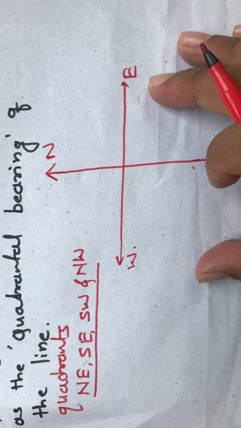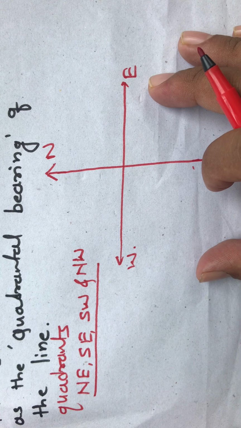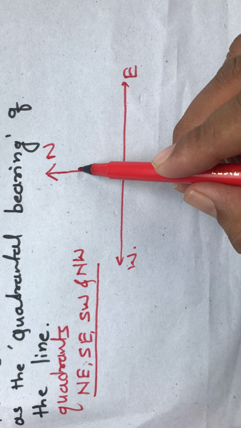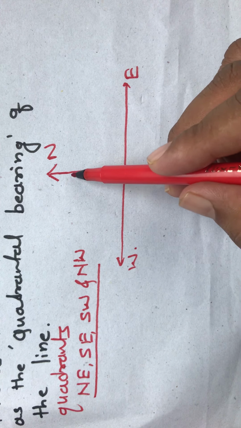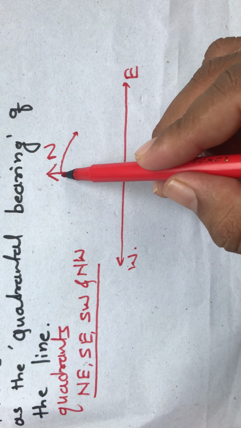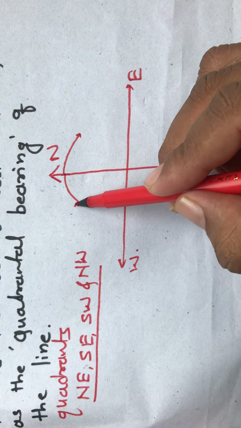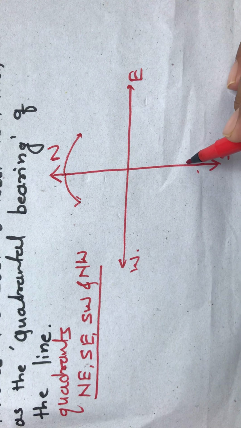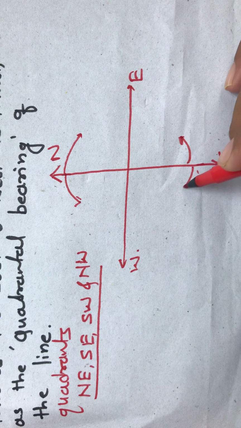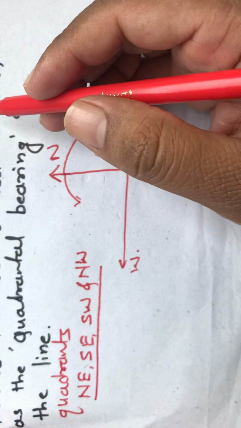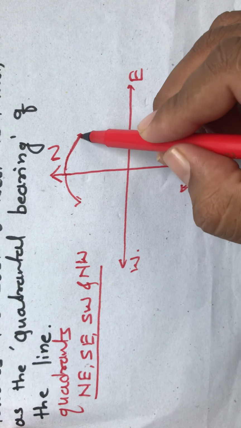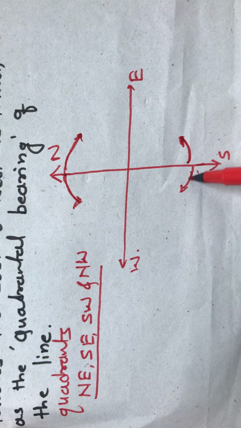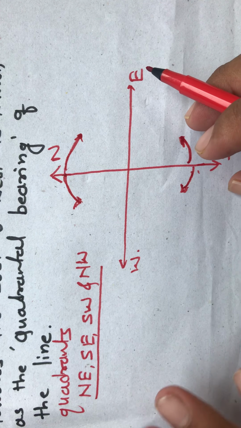Now, as per the definition, the magnetic bearing of a line is measured clockwise or anti-clockwise from the north or south pole. That means like this, from the north or south pole towards the east or west, that is what the quadrantal bearing is.